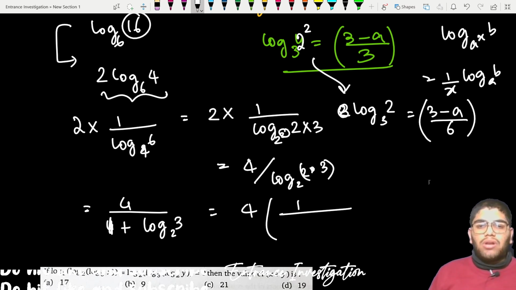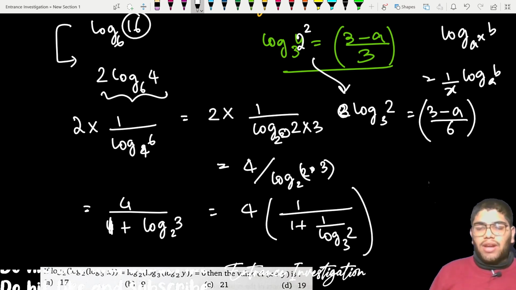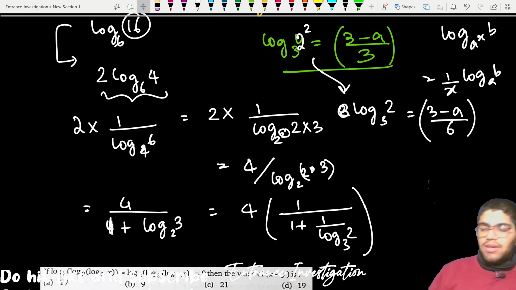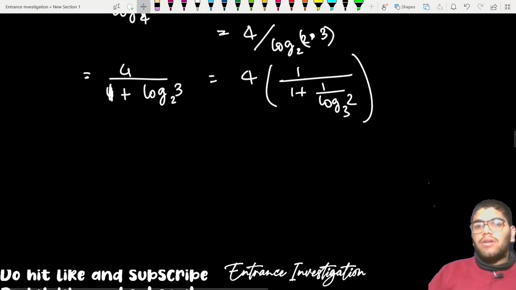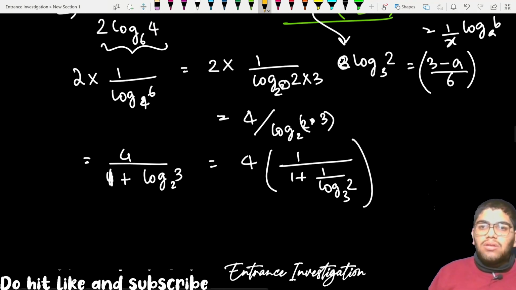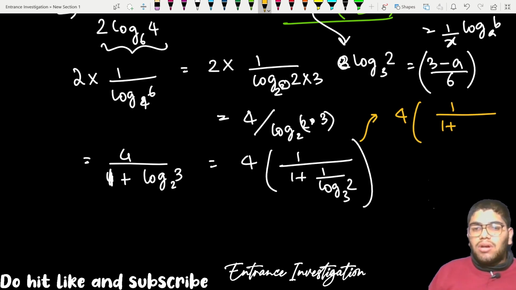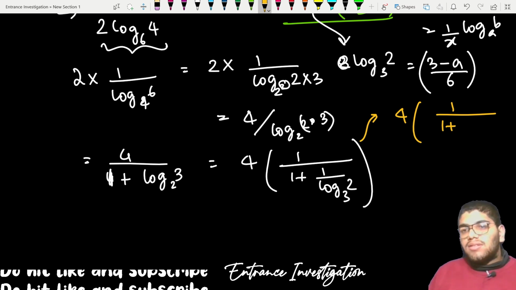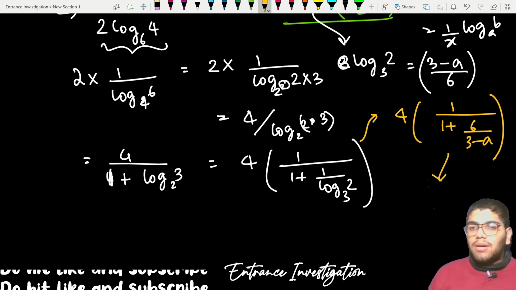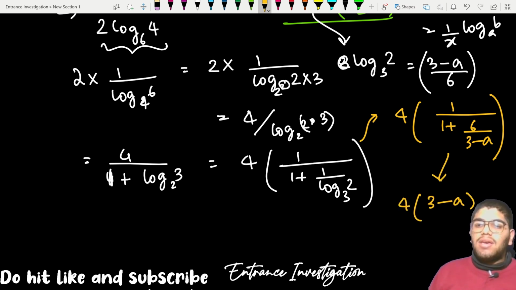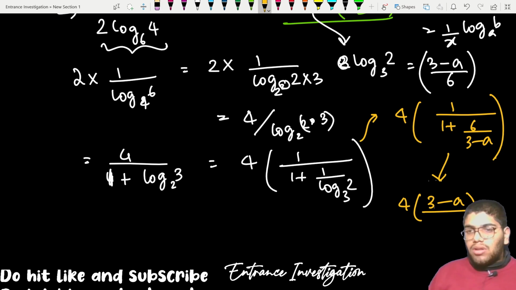We know that 4 times 1 over 1 plus 1 over log of 2 base 3, I can write it in this manner. अब हमें बस ये वाली वैल्यू को पुट करना है, so we can put this value 4 times of 1 over 1 plus, अरे इसको हम ऐसे लिख लेते हैं 6 upon 3 minus a. ठीक है, तो यहाँ से हमें मिल जाएगा अभी, तो 4 times of (3 minus a) upon 6 plus 3, I guess I missed something, और 3 minus a plus 6.